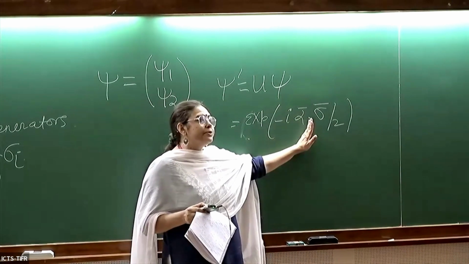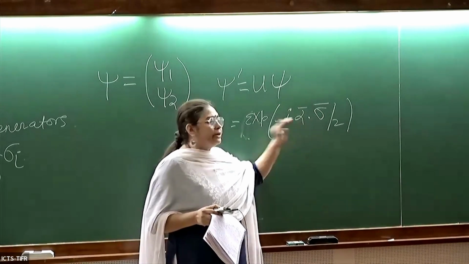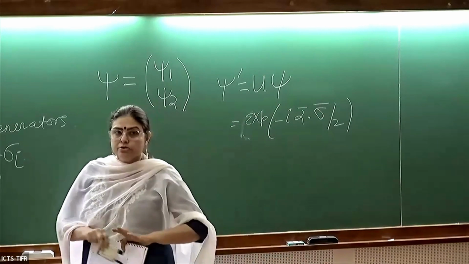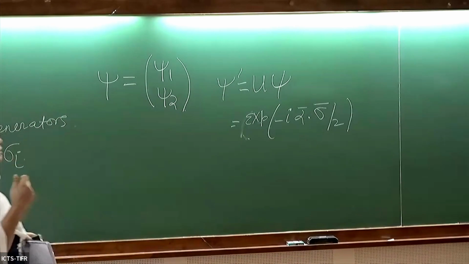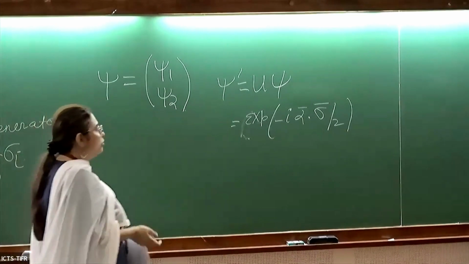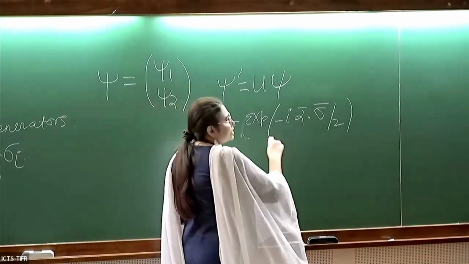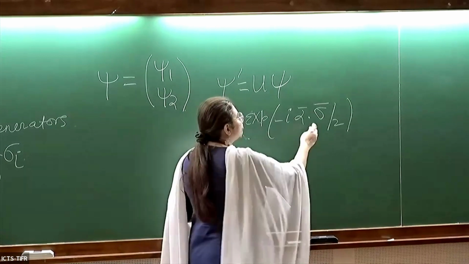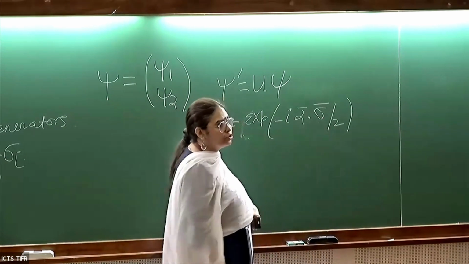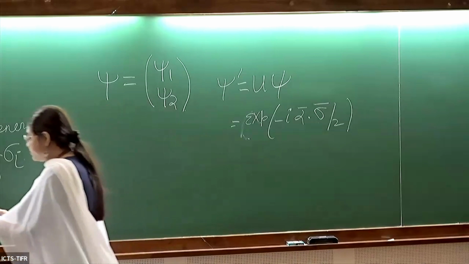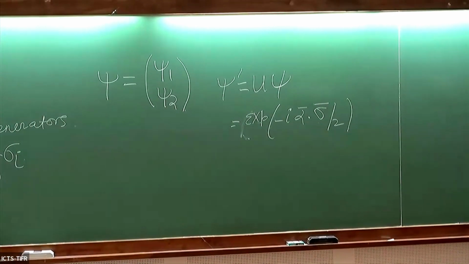This is something which defines my fundamental representation. When we take a representation, you can take higher dimensional ones, it's not necessarily 2 cross 2. But in the fundamental representation, the generators themselves are the transformation matrices.